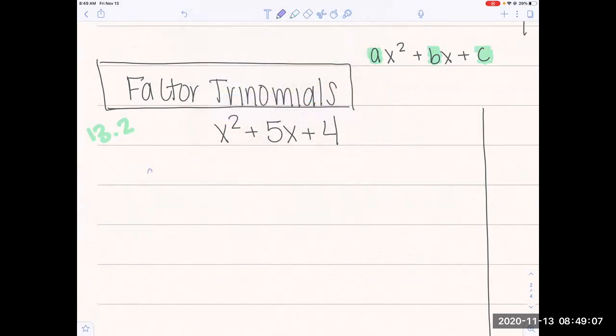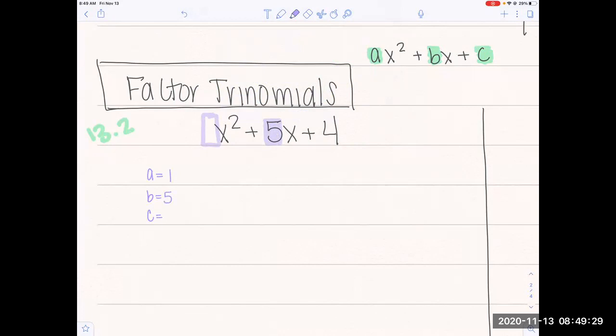And so in my problem, I'm going to write out a, b, and c. So the number in front of x squared, well, I don't see one, so I can write a 1. The number in front of x is a 5.